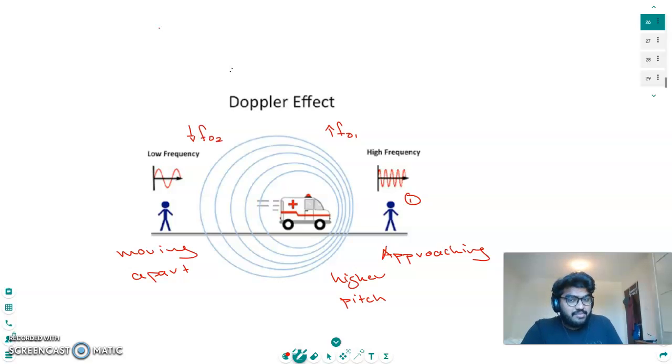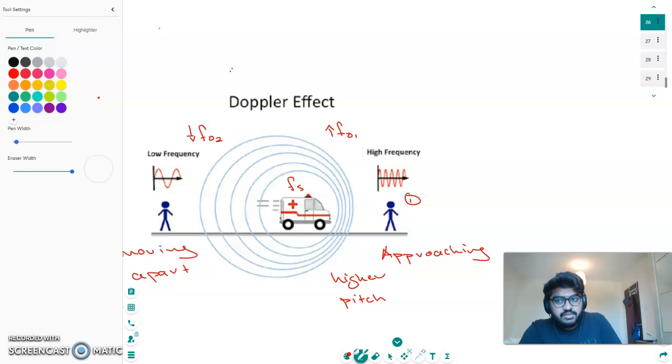But in actuality, the frequency of the siren that is coming out of the ambulance is actually constant, which is the frequency of the source.